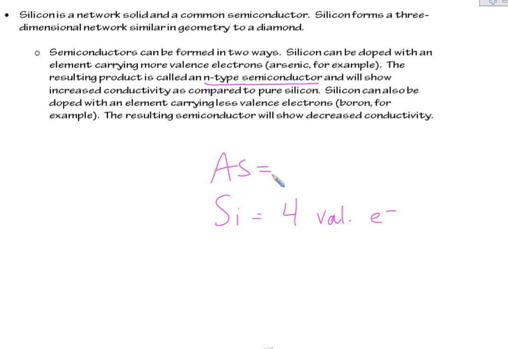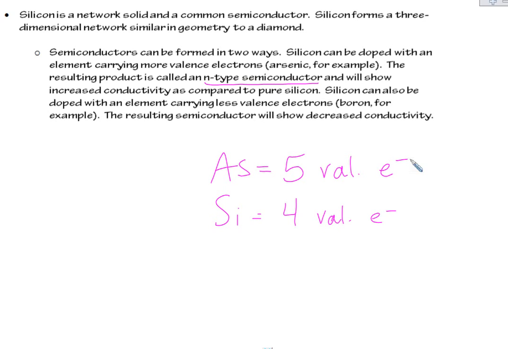And I look arsenic up on the periodic table, and I find 5 valence electrons. If I mix the silicon with an element that has more electrons, I'll show an increase in conductivity. So it's almost like we can make the silicon act a little bit more like a metal, but depending on how much arsenic we add, we can get a specific amount of electrical conductivity.